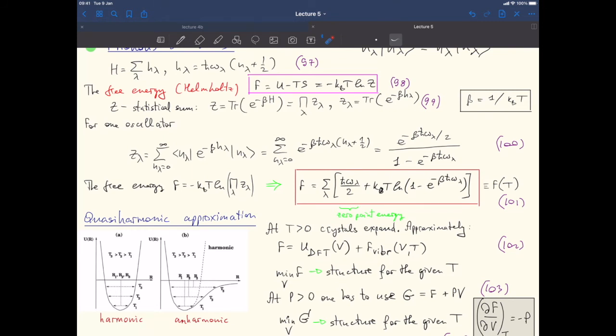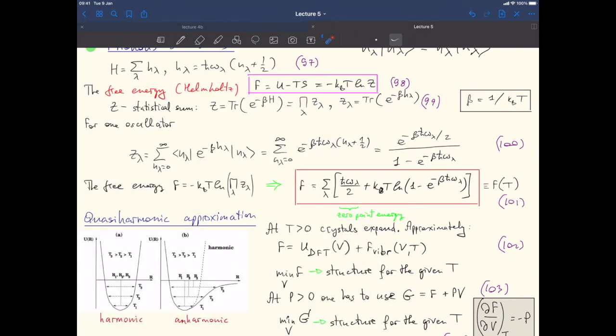For instance, if you take a rectangular unit cell, you would have three parameters, a, b, c, along the x, y, z directions. So instead of a single lattice constant, you will have three lattice constants. So you will have to determine the minimum of the free energy as a function of three lattice constants. And for each value of the lattice constants, you will have to calculate the DFT energy and determine all the vibrations. This computation is extremely expensive.